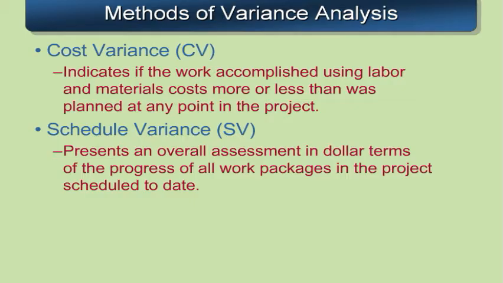While the schedule variance presents an overall assessment in dollar terms of the progress of all the work packages either in progress or completed to date. You'll get a dollar value out of that, but you will not get a date. So you will need other information to determine if you in fact are off schedule on the overall completion of the project, or if it's just something on a particular activity that has slack associated with it.